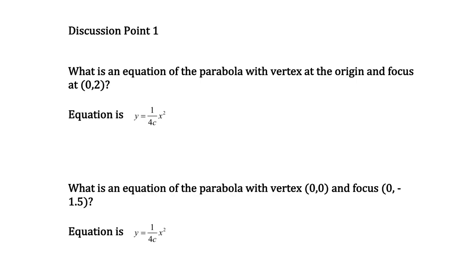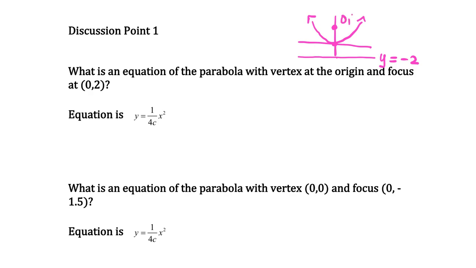The first discussion point is, what is an equation of a parabola with the vertex at the origin and a focus of (0, 2)? So here is my parabola. The vertex is at the origin. The focus is at (0, 2). So I know from the focus to the vertex is 2. From the vertex to the directrix is 2, so it's going to be y equals negative 2.